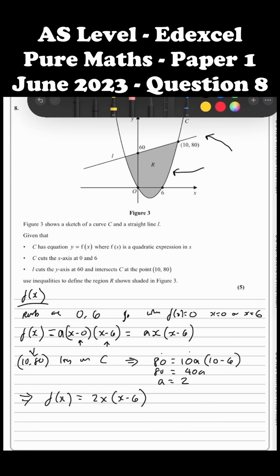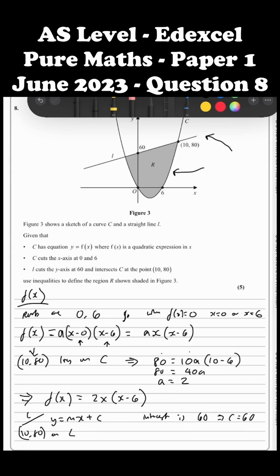Then for the line L, we're going to use the formula y equals mx plus c to work this out. We know it crosses the y-axis at the point 60. So the intercept is 60, therefore c equals 60. And we have that (10, 80) is also on this line.